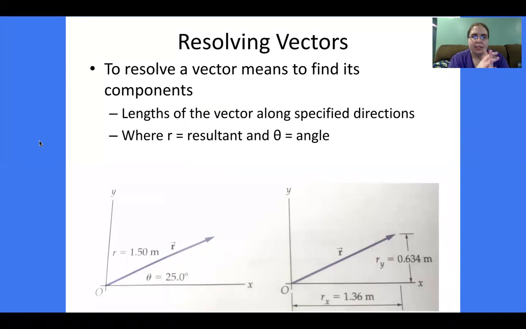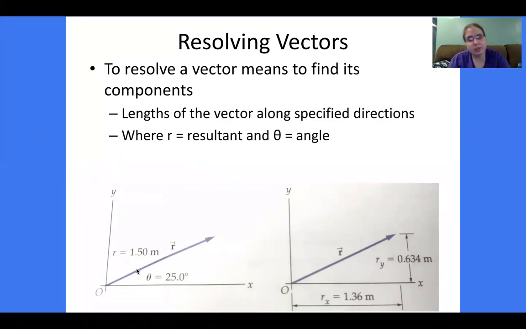These are the lengths of the vector along specified directions. Again, horizontal direction, vertical direction. And as long as you know what R is, the resultant. If you look down here at the picture, R is the actual vector, so it is what would become the hypotenuse of the triangle.